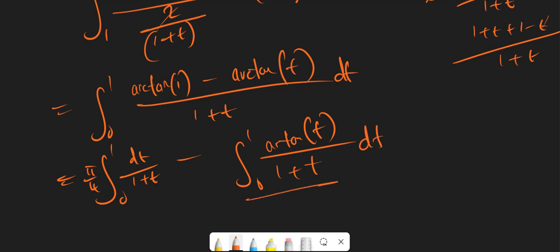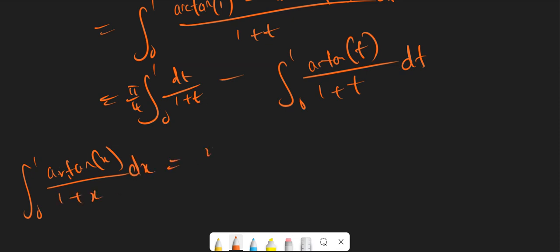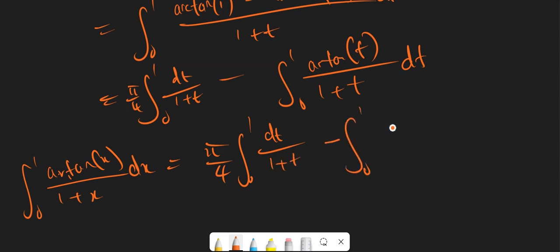Now notice that this expression is basically your original integral. We have the integral from 0 to 1 of arctan of x all divided by 1 plus x dx, equal to pi over 4 times the integral from 0 to 1 of dt over 1 plus t, minus the integral from 0 to 1 of arctan of x all divided by 1 plus x dx.